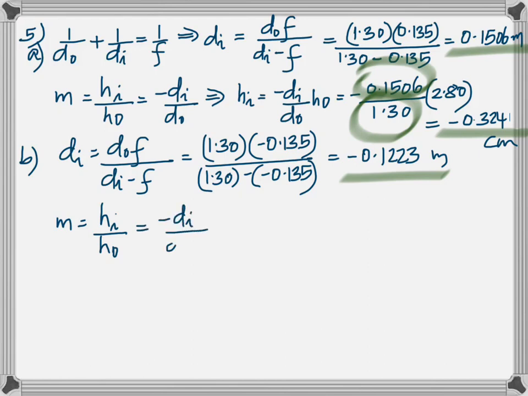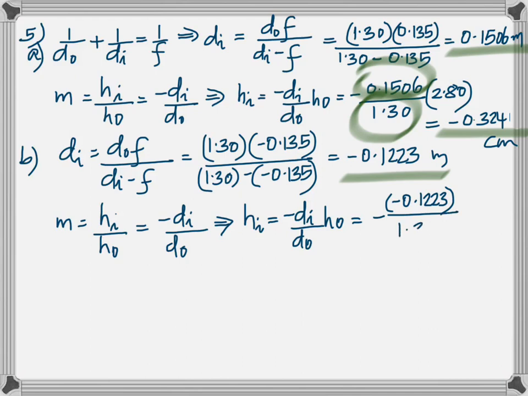Once you get DI, you find the magnification, same process, same formula. DI in meter, DO in meters, but HO is in centimeters, so you will get the answer in centimeters.